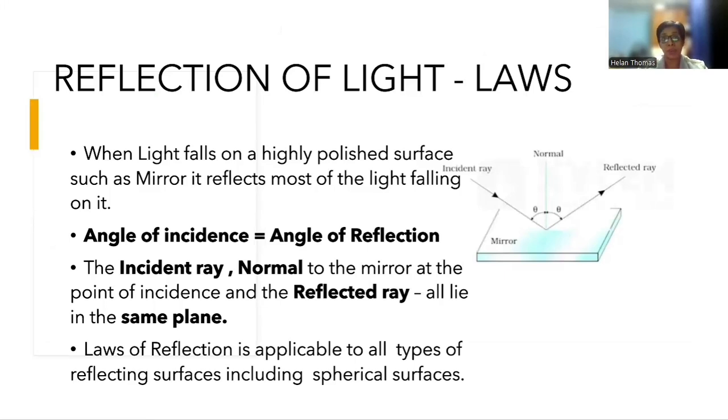Reflection of light happens when light falls on a highly polished surface, just like how a ball bounces when it hits a wall. Just like that, when light falls on a highly polished surface, such as a mirror, it reflects most of the light that is falling on it.